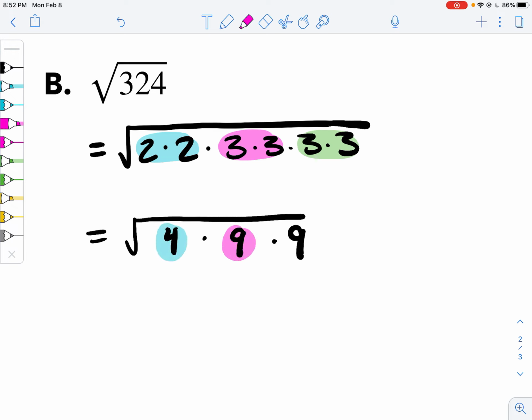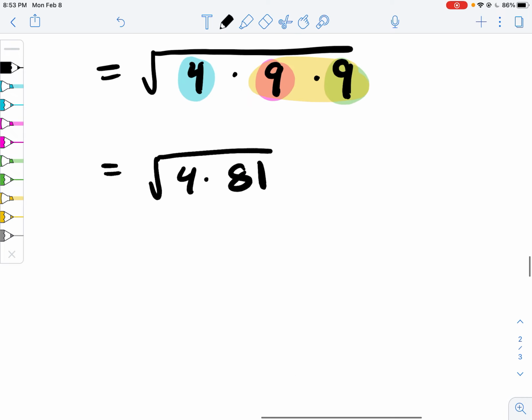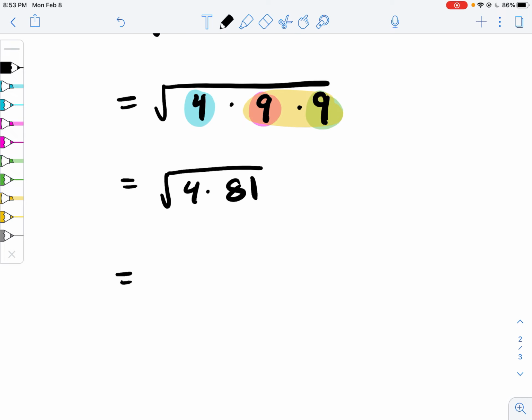Guys, check it out. 9 times 9 makes another pair. So that's the square root of 4 times 81. How fancy was that? Now we can break this up with our product rule, giving us the square root of 4 times the square root of 81.